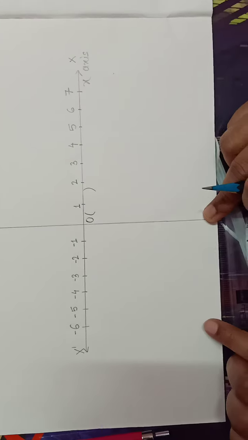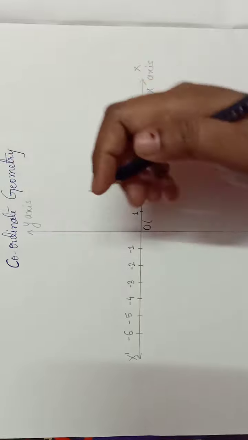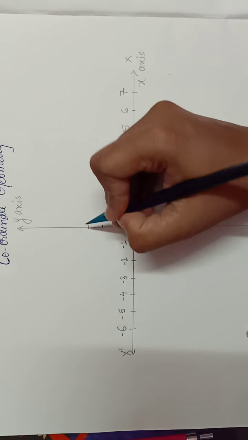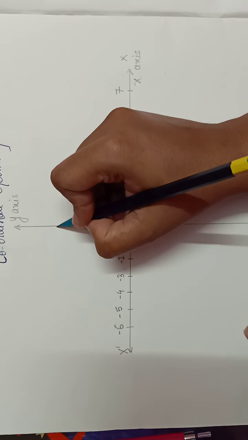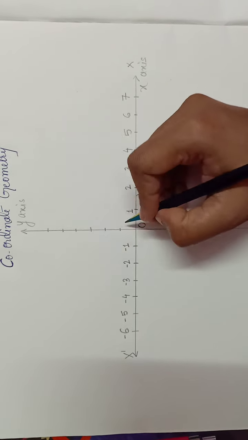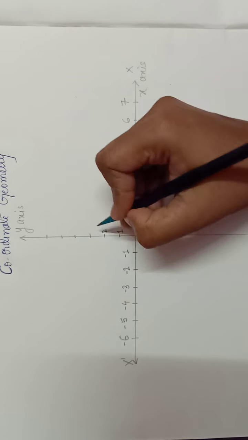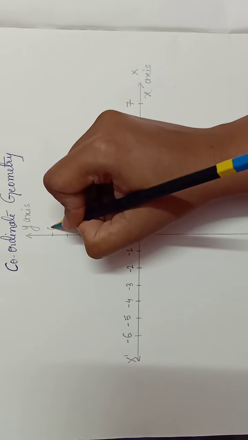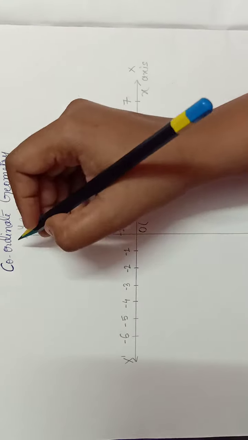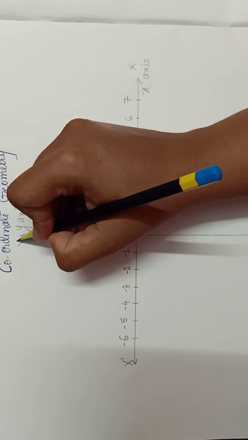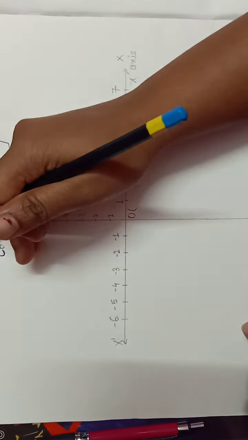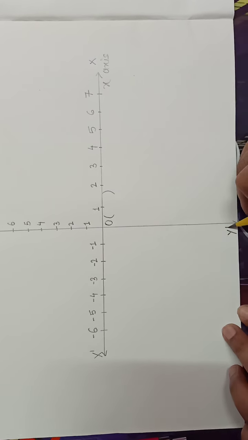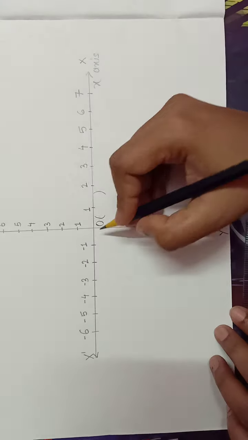On the y-axis, vertically upward, we will mark positive integers at equal intervals like this: 1, 2, 3, 4, 5, 6. Or you can call OY positive, that is vertically upward, and OY dash negative, that is vertically downward.